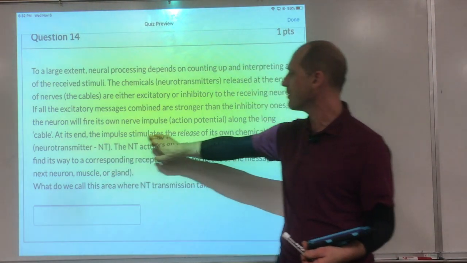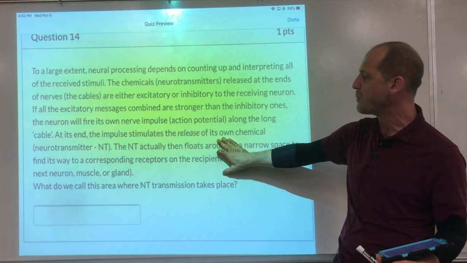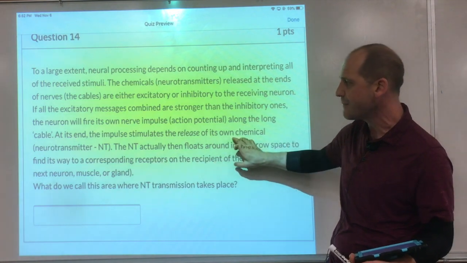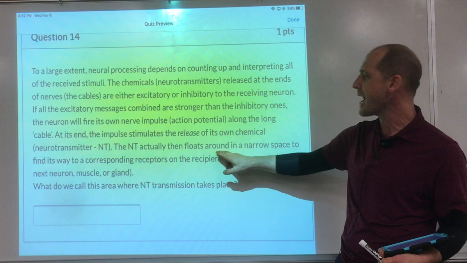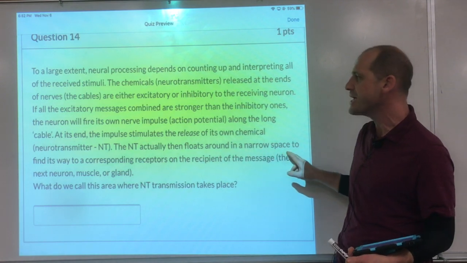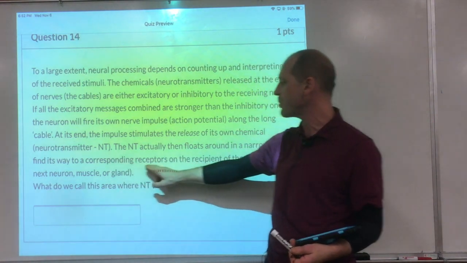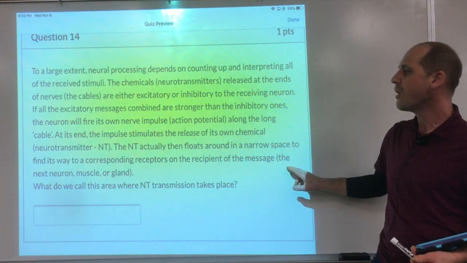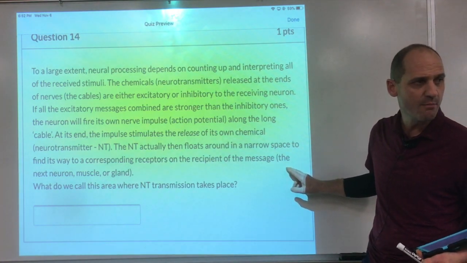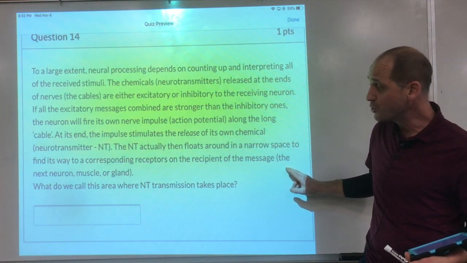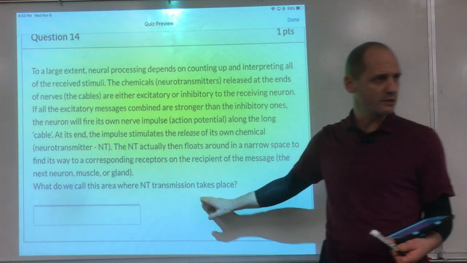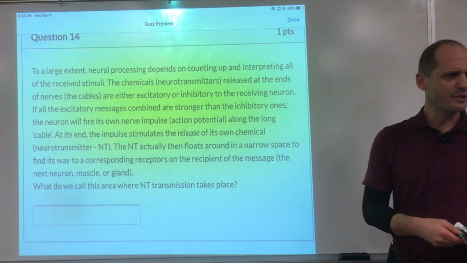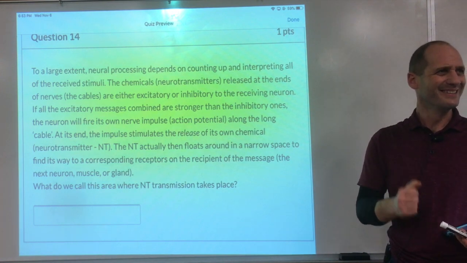At its end, the impulse stimulates the release of its own chemical, which is a neurotransmitter. The neurotransmitter then floats around in a narrow space to find its way to a corresponding receptor on the recipient of the message, which is the next neuron, a muscle, or a gland. What do we call this area where the neurotransmission takes place? Synapse. Did I get that right? Yes. Good.